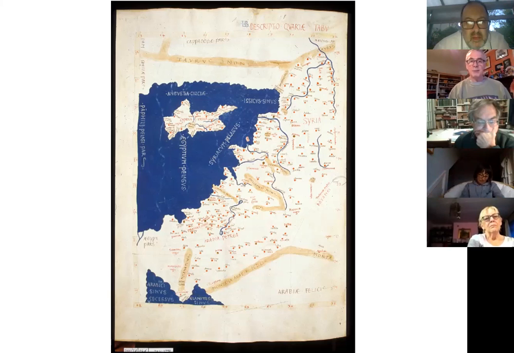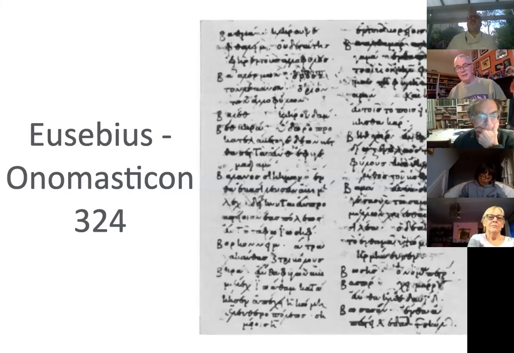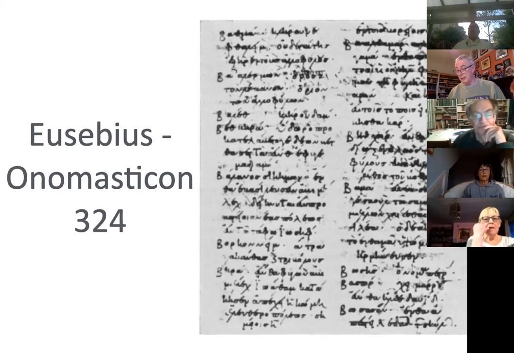So the next map that we're going to have a look at in a second is from a guy called St. Jerome. But before we get to St. Jerome, we've got Eusebius, who visited the Holy Land in the early part of the 3rd century. Eusebius went through the Holy Land, and what he was trying to do was to record the places in the Holy Land that were in the Bible.